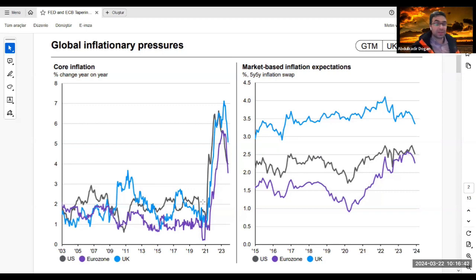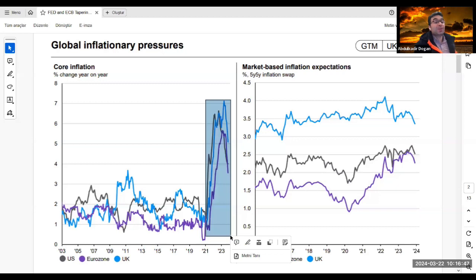But what happened here? It is not just because people increased their demand. Cost inflation also comes to the fore. What do we mean by cost inflation? We have two types of inflation: demand and supply inflation. Demand inflation is when people consume, when people invest, when people demand.